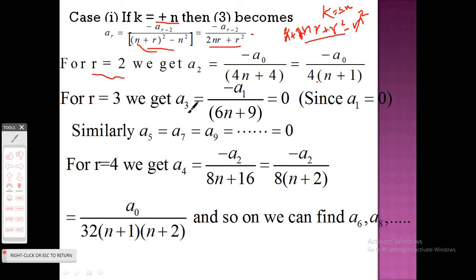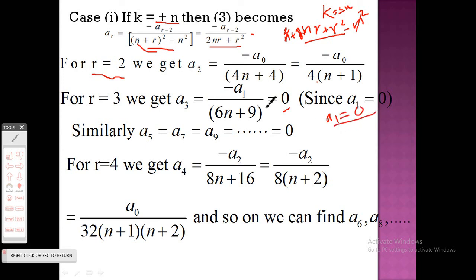Now taking r equal to 3 in this equation, we get a3, r minus 2, that is minus a1 divided by 3 multiplied by 2, 3 into 2 is 6n plus 3 square, r square is 9, that is equal to 0. But we have already taken a1 equal to 0 in the previous first case.